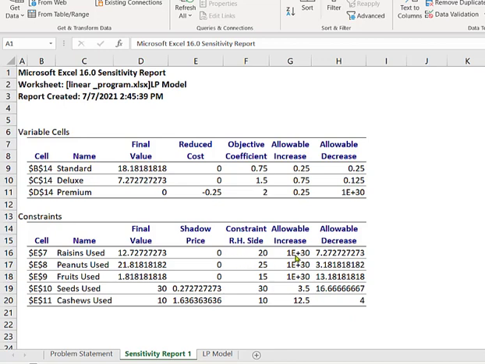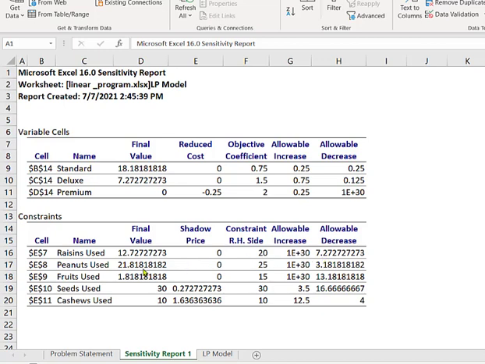The allowable increase is infinity. If you had more of that, it still wouldn't change anything. The allowable decrease is 7.27, which is the difference between 20 and 12.72. If you reduce the available raisins below 12.72, or reduce it by more than 7.2, that would change the optimum solution.